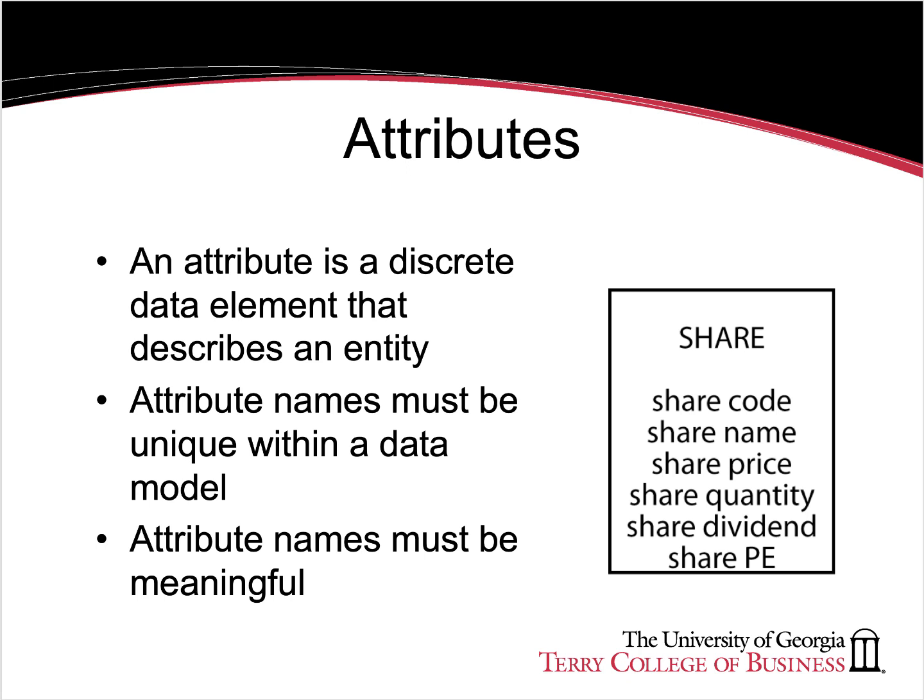Data models are graphical descriptions, and individuals and organizations oftentimes collaborate over them. Consequently, attribute names and entity names must mean something both to the individual creating the data model and also to individuals who might see and use that data model.